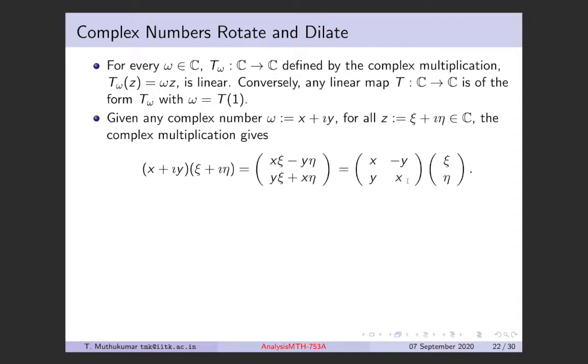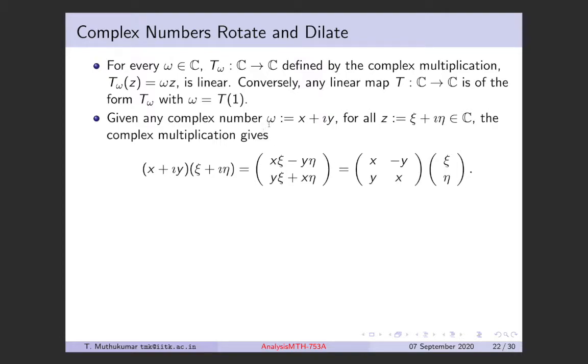So your linear algebra says the same theorem that I have been using in the first slide, that any linear map from R2 to R2 will be given by a 2 cross 2 matrix. And this is saying this is a special class of 2 cross 2 matrix where the matrix looks like this, right? Whatever we have here, this equation is telling us that every complex number can be associated to a special linear map on R2.